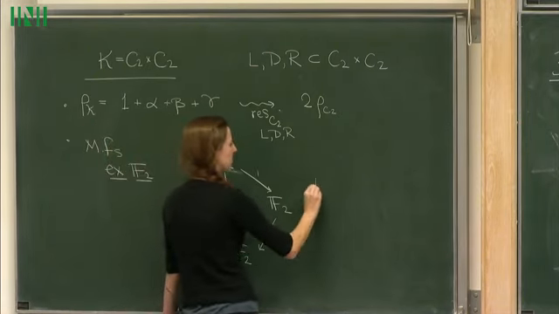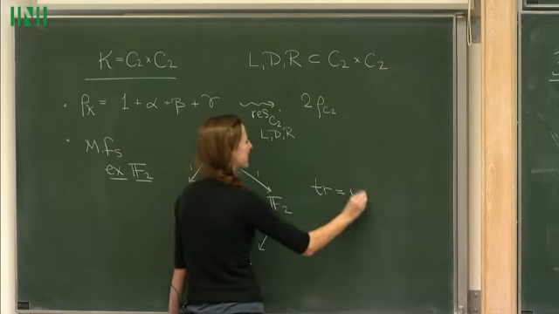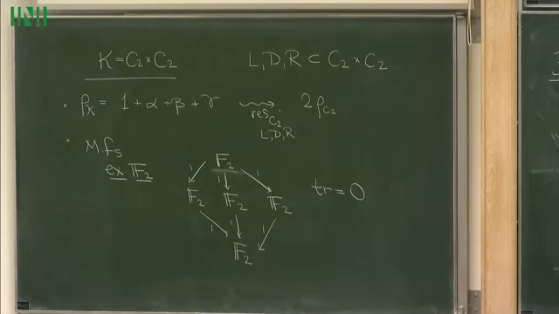And I'm lazy, so all transfer maps that would go back the other way are trivial. Okay. But any Mackey functor that we have here, we can depict in some similar sort of diagram.